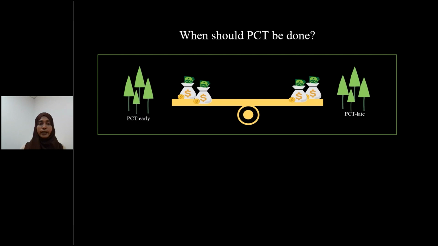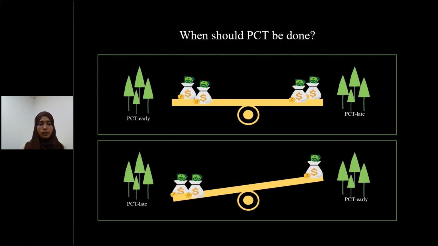But on one site, we found higher profitability in doing late pre-commercial thinning. For this site, the plot location of the PCT late was on a lower slope.